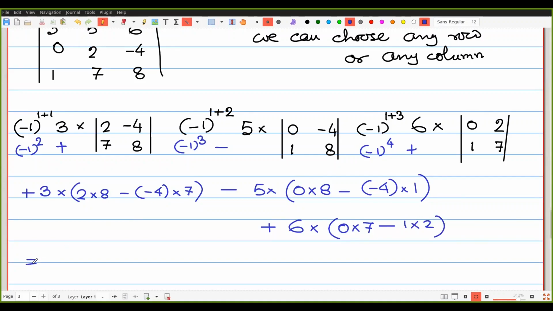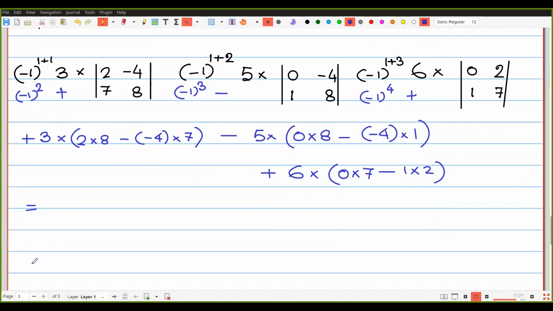So what are the values? That is 3 into 16 plus, because minus and minus is plus, 28. Minus 5 into, that is minus and minus, that is 0, so minus of minus is plus 4.